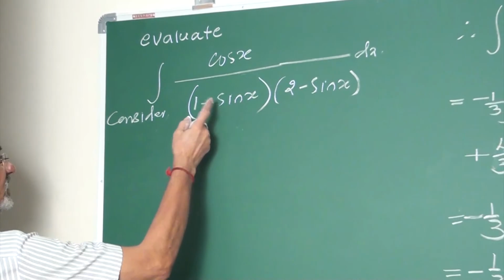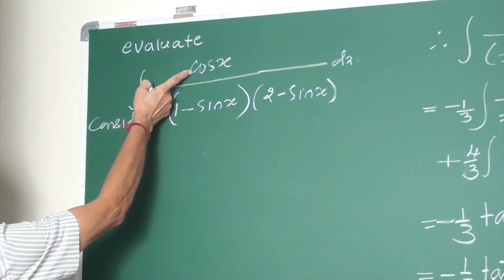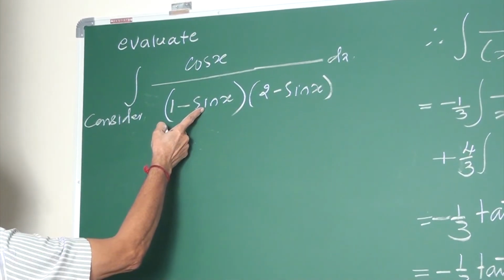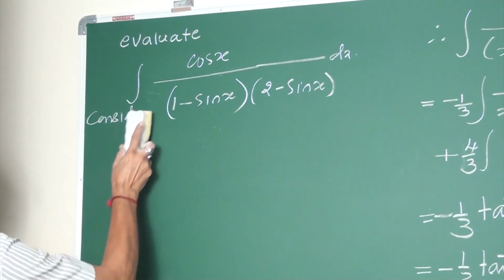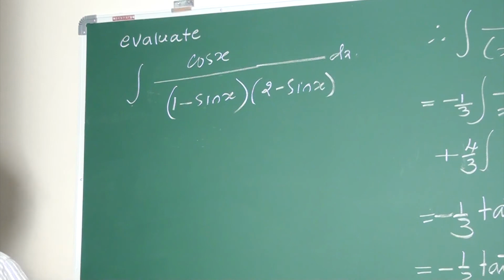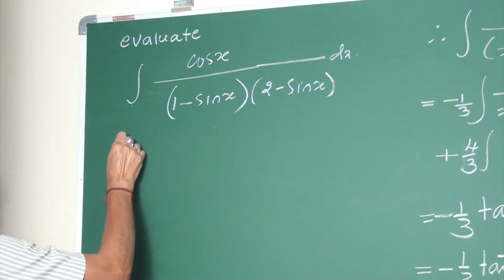Yes, here itself, because in the numerator you have the derivative of what? Sine. The derivative of sine is cos. So here you have to put what first? Put sin x equal to t.